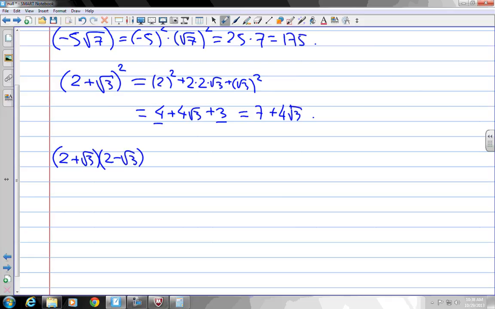They have identical terms that only differ by a sign in the middle, so that becomes 2 squared minus the square root of 3 squared, using the difference of squares formula, which is 4 minus 3, which is 1, right? Is that okay?